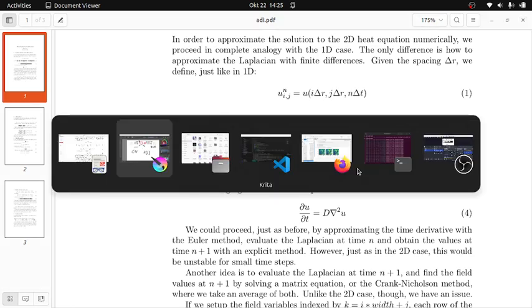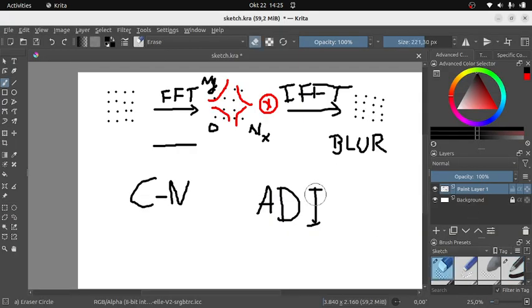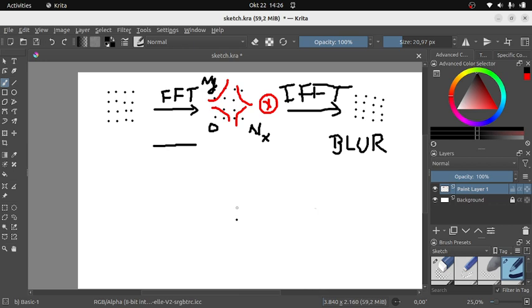So graphically what this means is, if we go back to our sketch, we are approximating the Laplacian of a given point, which depends only on these neighbors, and these, this, and this, and of course these here.